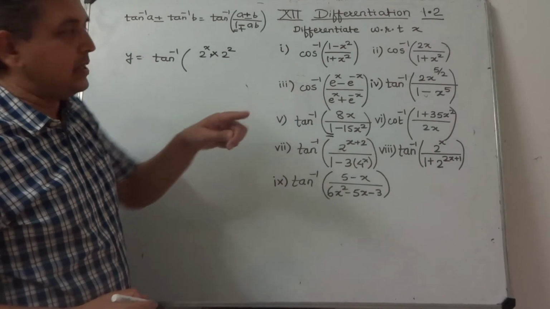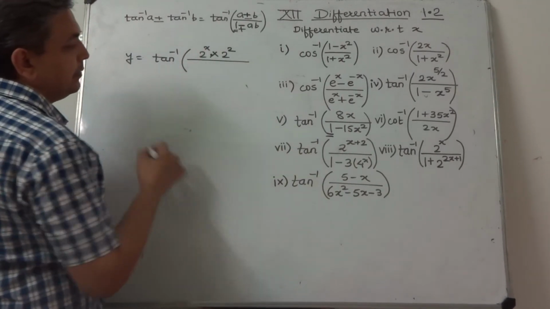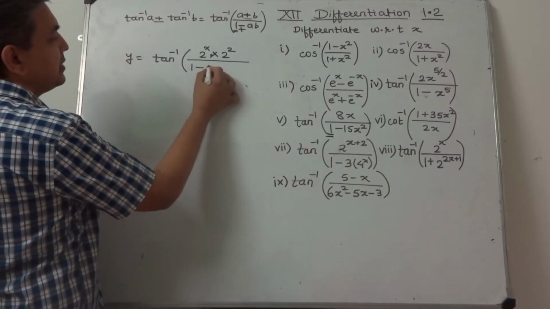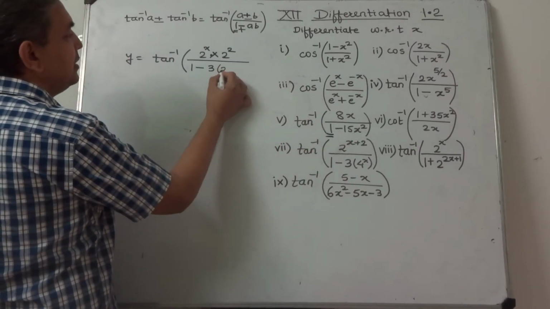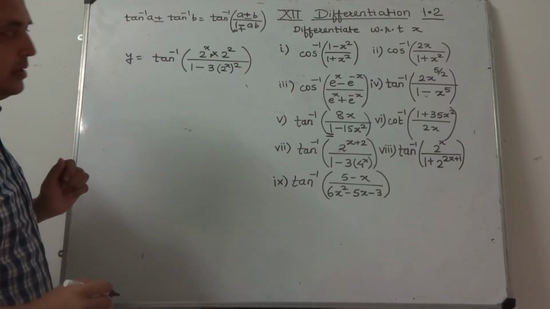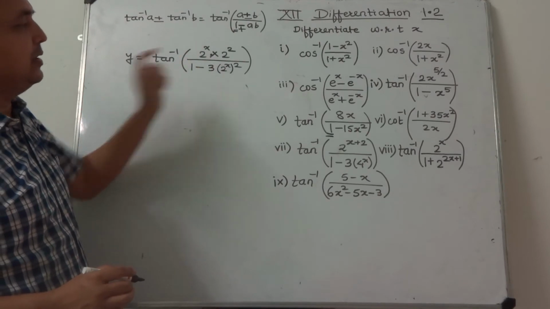A raised to m plus n equals a raised to m into a raised to n. Upon, and this we can write as 1 minus 3 times. Now this 4 raised to x can be written as 2 raised to x square. Is it clear? 2 raised to x, this is also 2 raised to x.